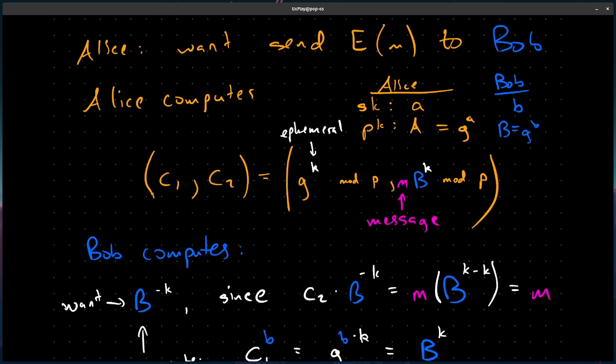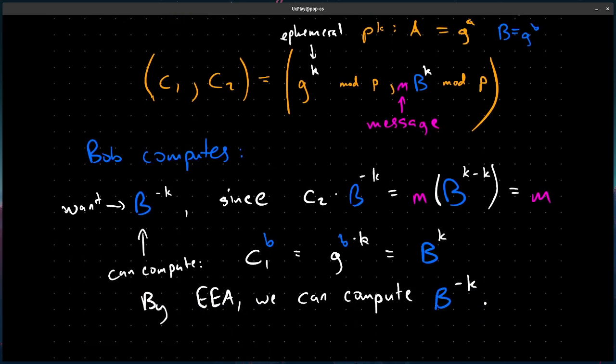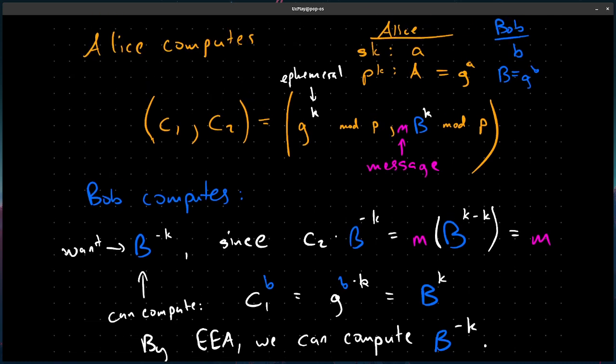Given that Alice wants to send message M, Alice can simply send the two-valued tuple: G to the ephemeral K mod P, and M times B to the K. Now for Bob to recover the message, we observe that C2 is simply the message times some hiding, so we just need to get rid of the hiding.